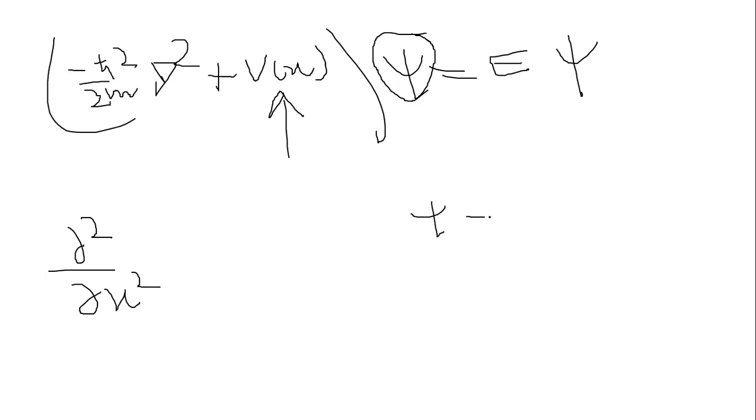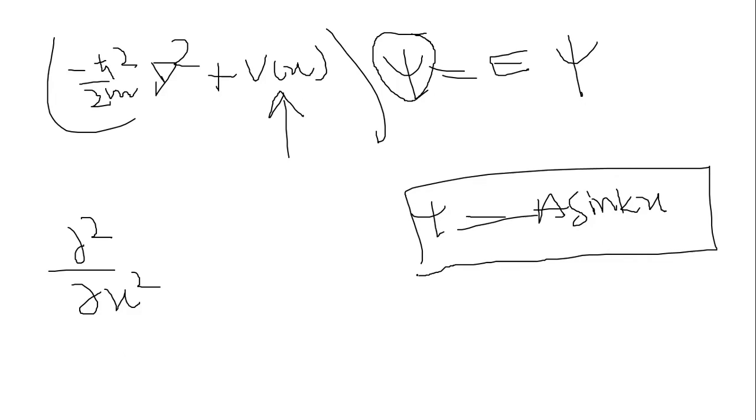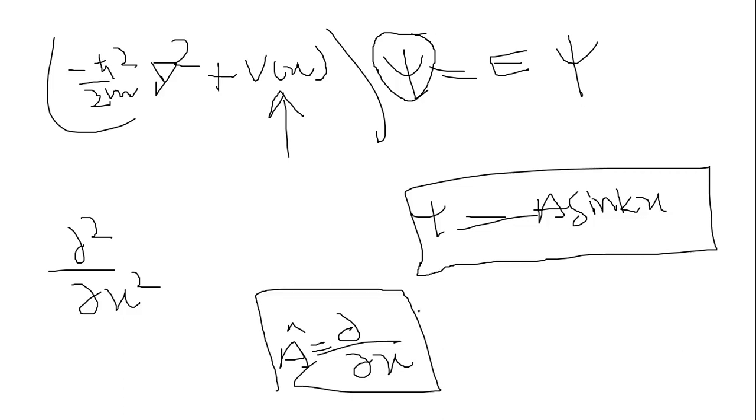Suppose psi is a sine kx. Suppose this is an operator, and the question given is to calculate the eigenvalue of the operator in the state psi. Are you clear about the question?